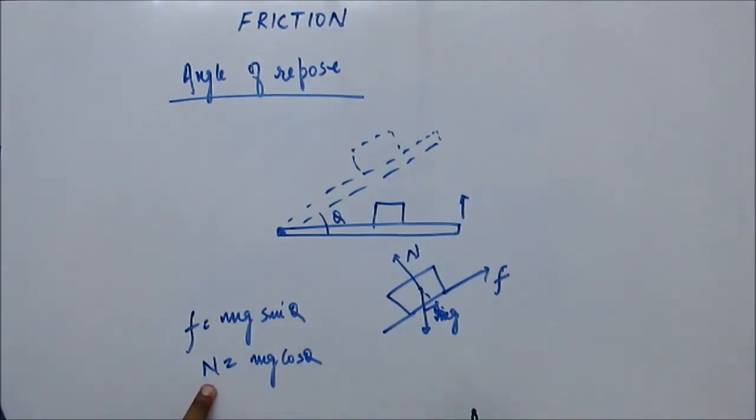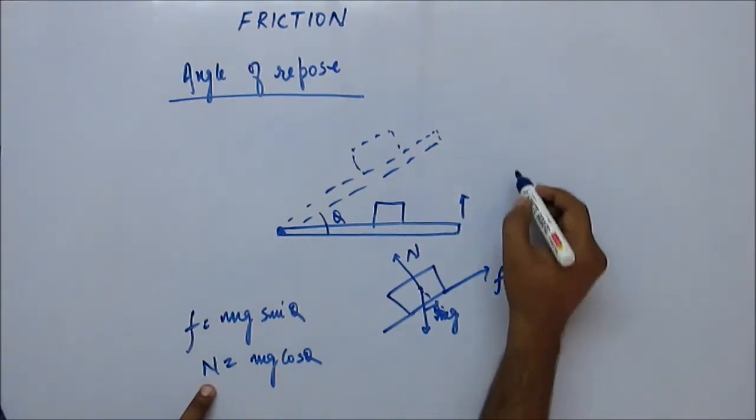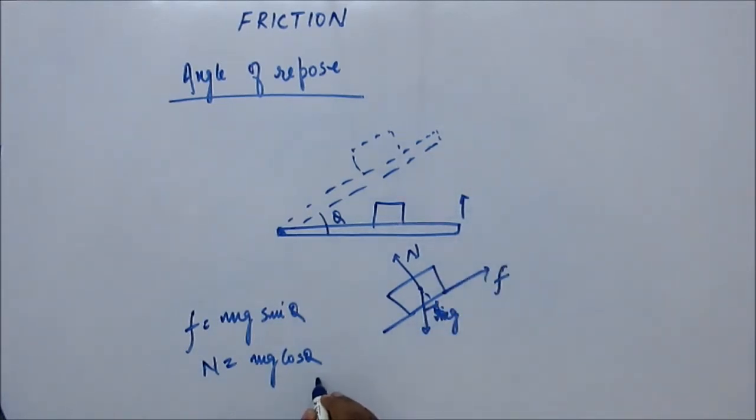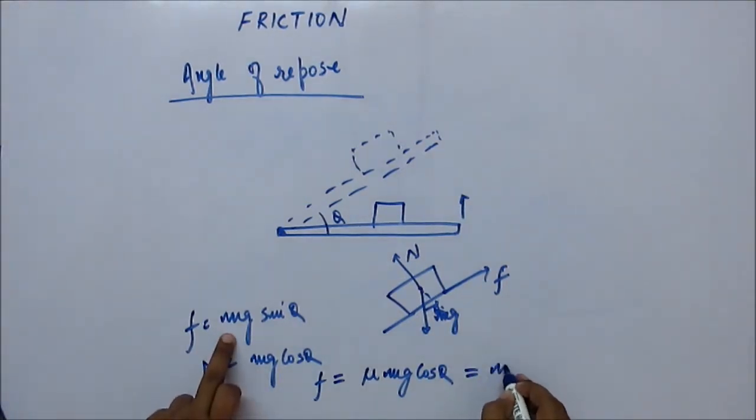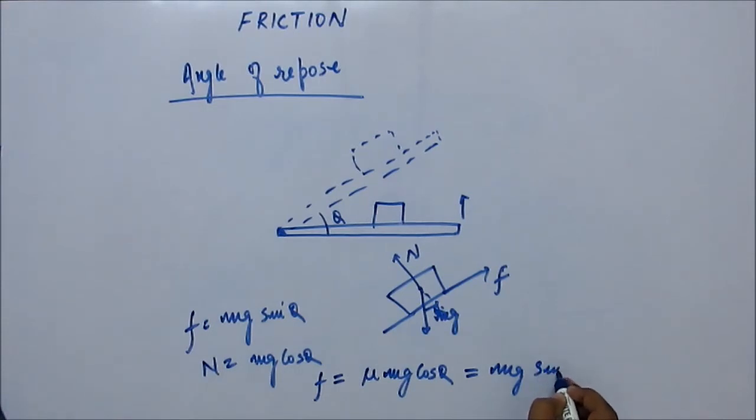That means friction, as we know, is mu times N. N we know is mg cos theta. This is the value of friction, and this should be equal to mg sin theta.